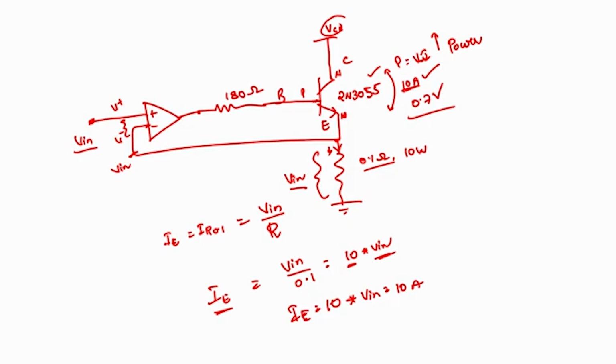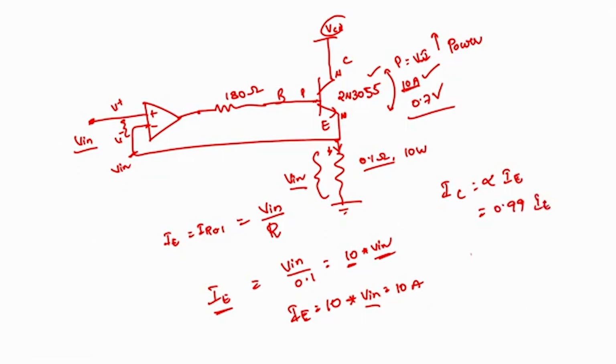Now if I want to understand the relation between Vn and IC, since we know IE in this case depends upon Vn, we can also convert it into IC. As we know, IC is alpha times IE, where alpha is somewhere around 0.99.